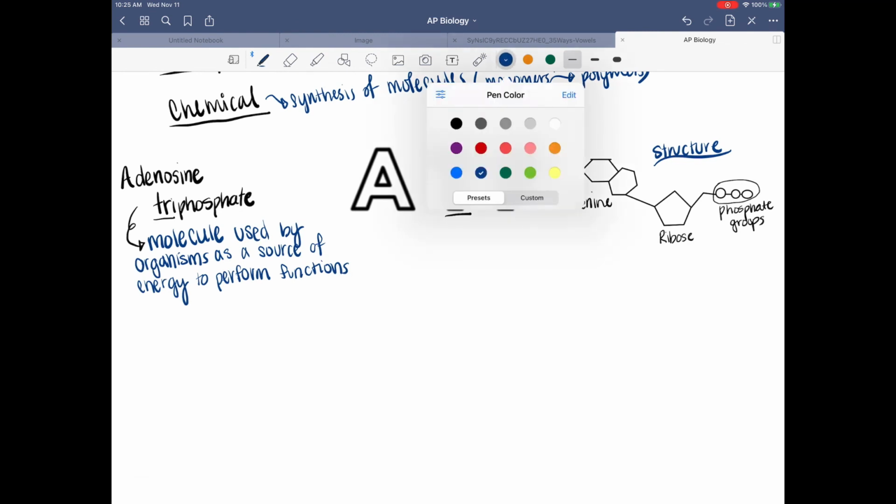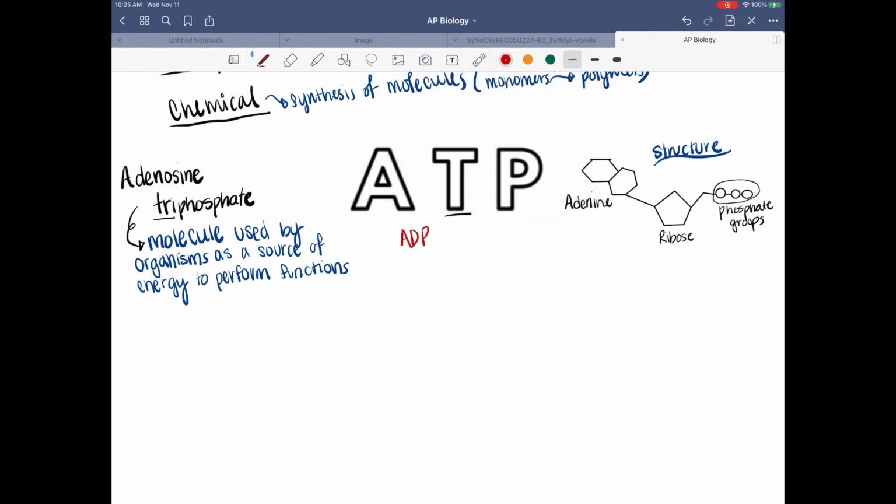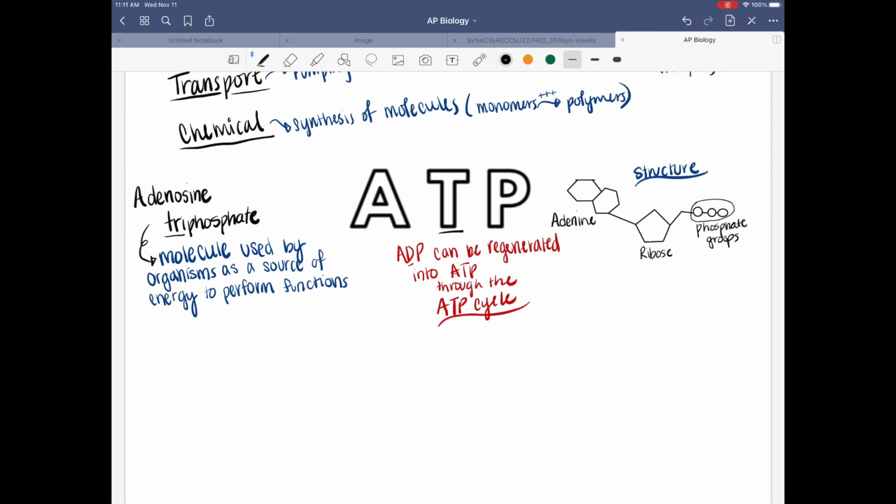All right, we've also looked at ADP and how ADP can be regenerated into ATP. This is done through the ATP cycle. In the ATP cycle, we've looked at the transformation of ATP into ADP. The cycle is really just that transformation of ATP going to ADP and ADP turning into ATP.